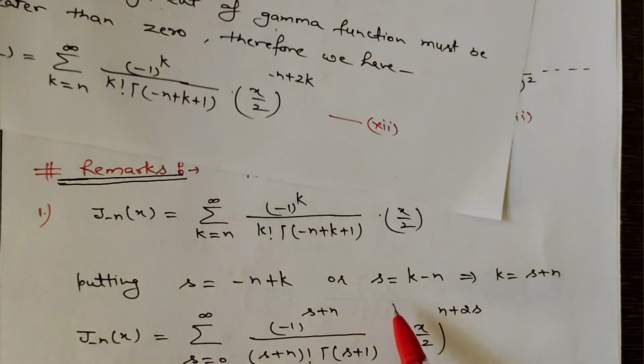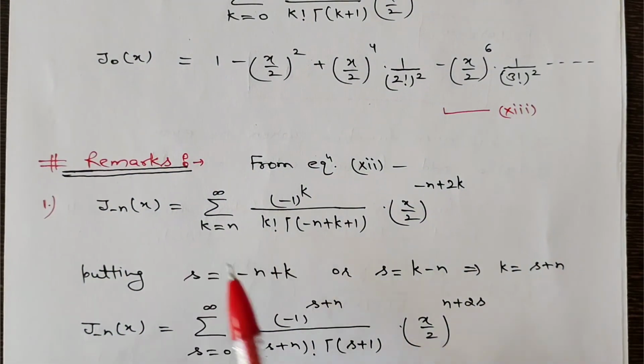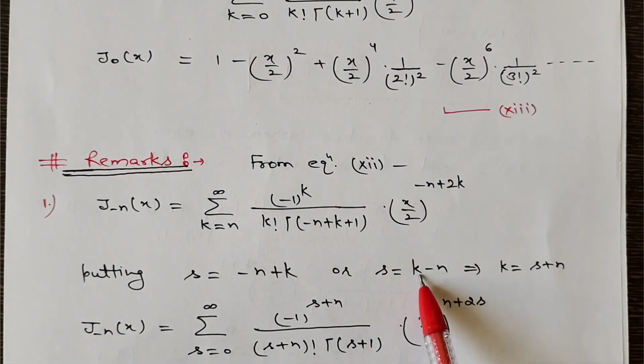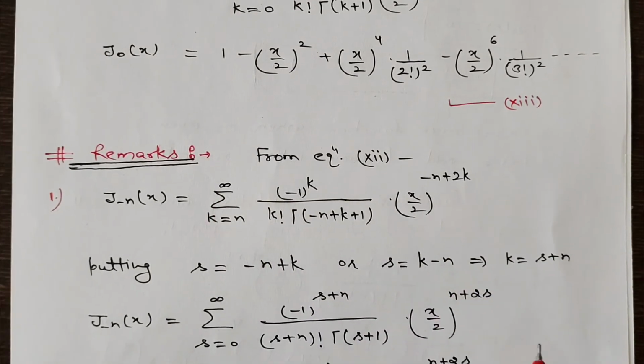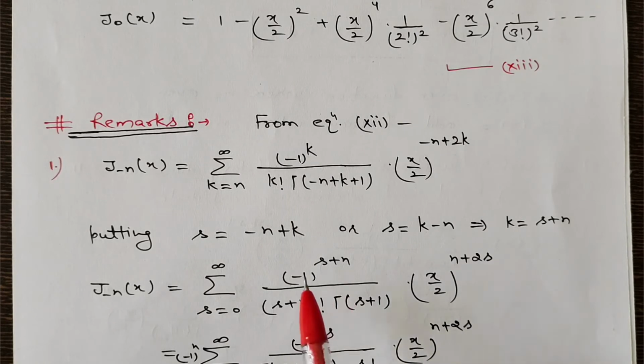Because look at this, when k is n, s will be k minus n, so it is n minus n, 0, and when k is infinity, s will also run to infinity.